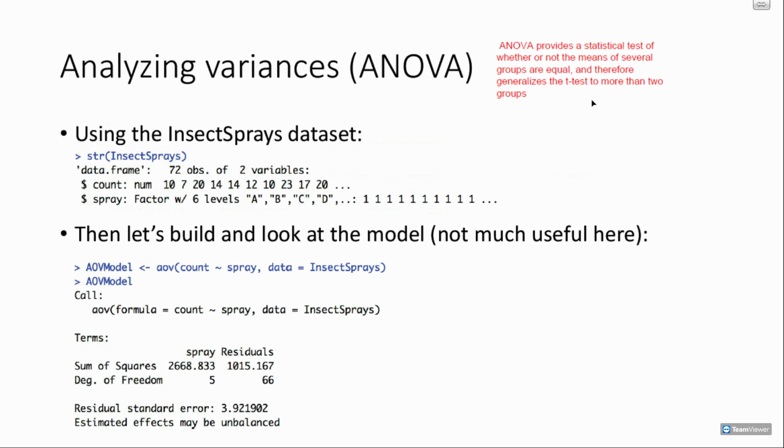So you use a t-test to compare two groups and whether their means are different, but you use an ANOVA, analysis of variance, if you have more than two groups. It gives a measure of whether the means of several groups are equal or not.